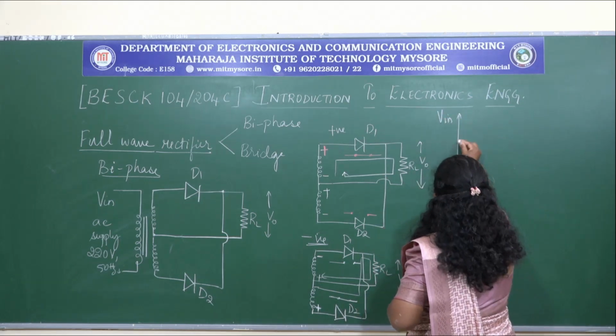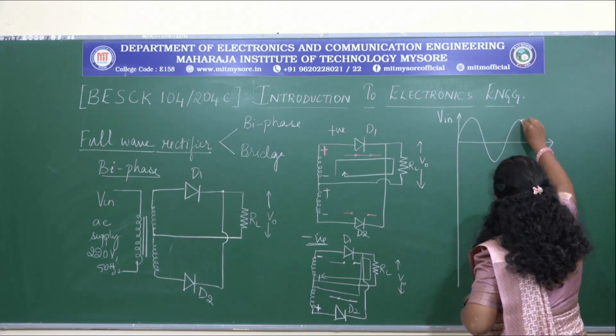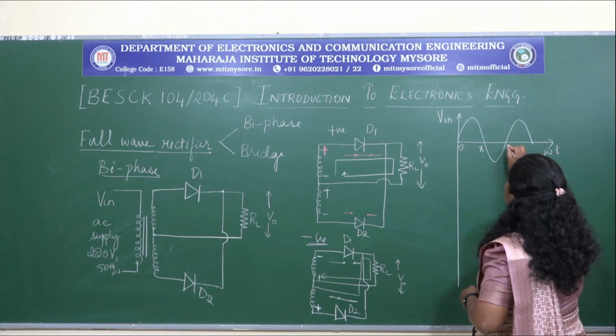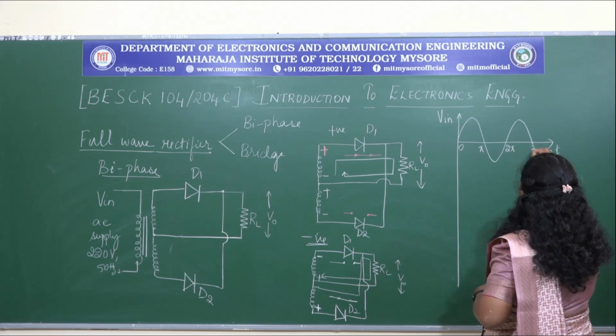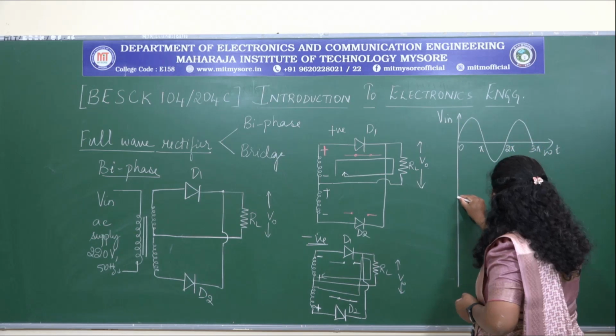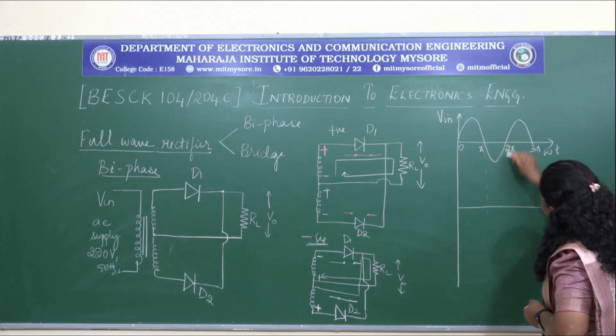So this is the input voltage. The input voltage that we have consists of positive, negative, positive cycles. So 0, 180, 360, 3 pi, plus and minus Vin. So during the positive half cycle and during the negative half cycle, what happens?